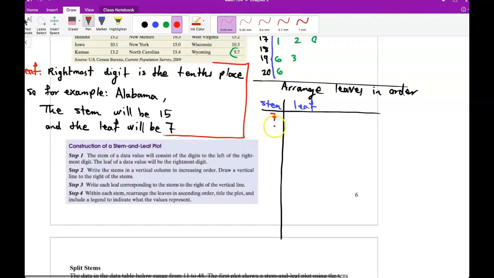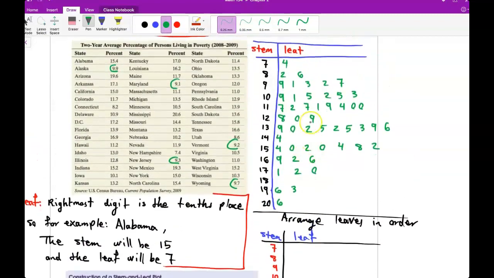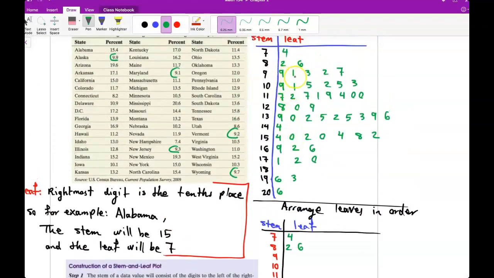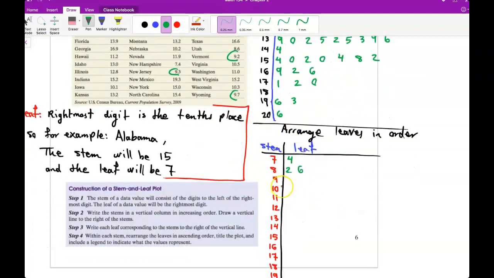Again, rewriting this column. Okay, and this part, so we have 4, 2, 6, and we have 1, 2, 3, 7, 9.